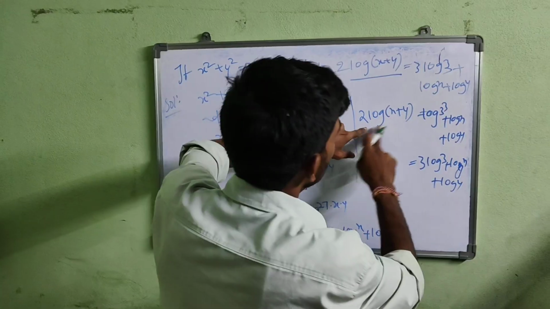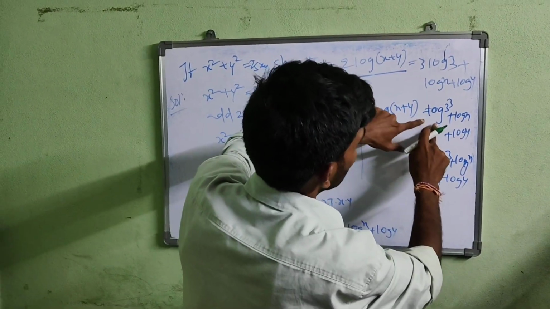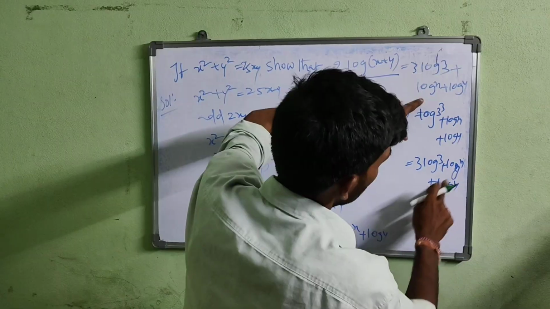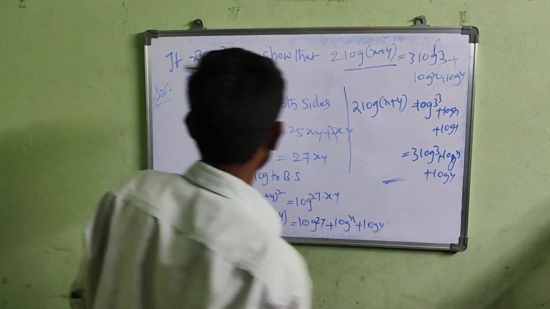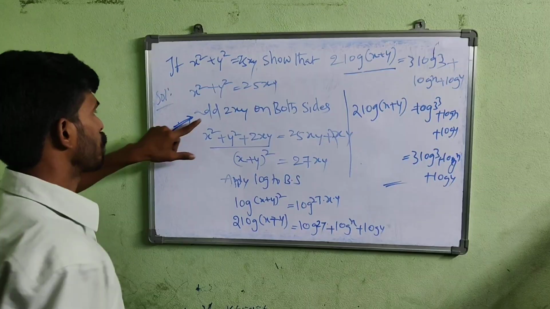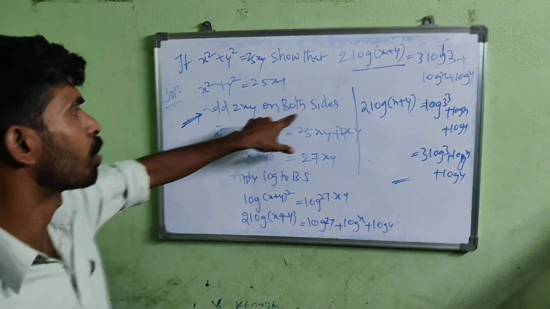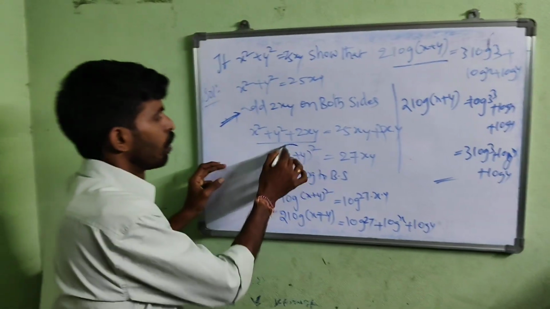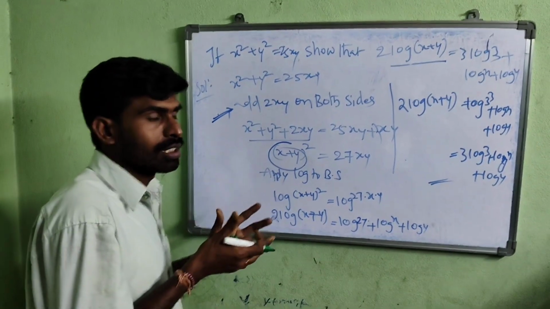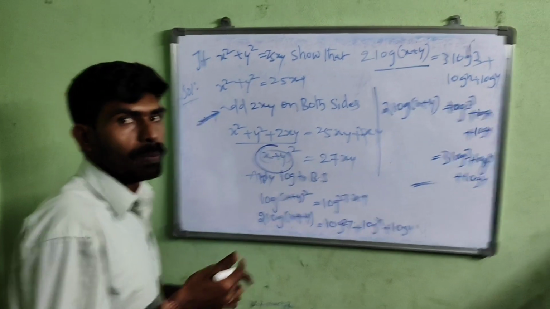Completed. 2 log of x plus y equals 3 log 3 plus log x plus log y. Hence proved. The major step in this question is adding 2xy on both sides to get x plus y whole square, using the a plus b whole square formula.